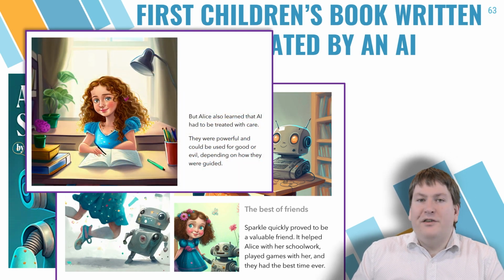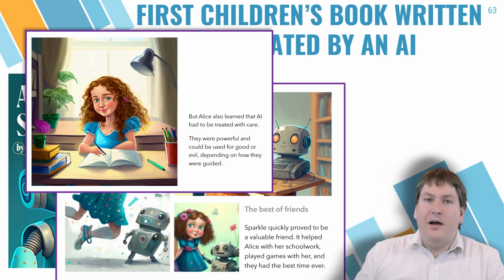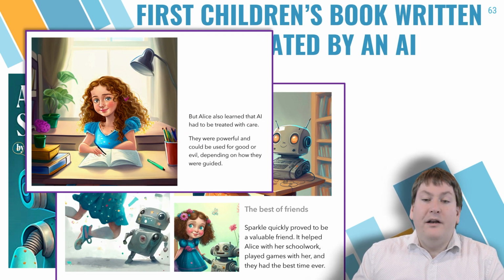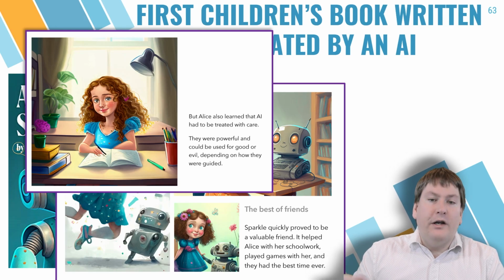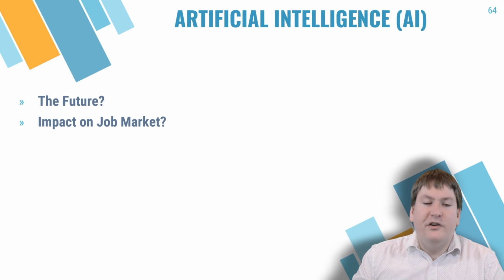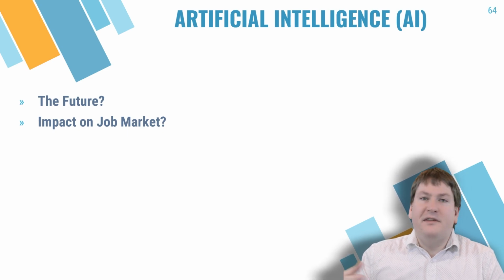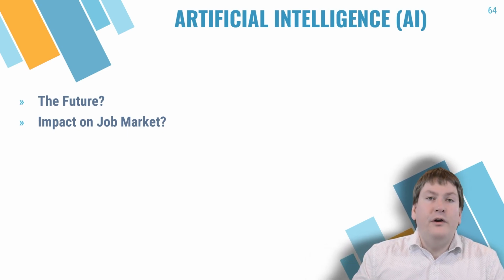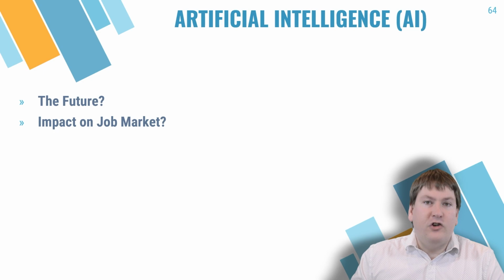So it's not really a question of when this is going to start impacting job markets and people's jobs, but about how and what you're going to be doing about it. And that brings us to a little bit of consideration about the future and what's to come. So if we have models like this that are able to create images, sound, music, even code, what impact is that going to have on the job market?